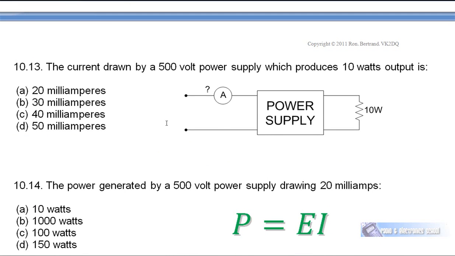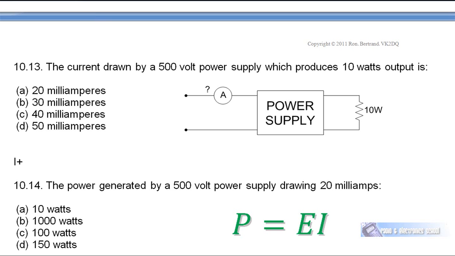10.13. The current drawn by a 500 volt power supply which produces 10 watts is... Well, you will have access to a formula sheet in your assessment. We're trying to find current when we know voltage and power.